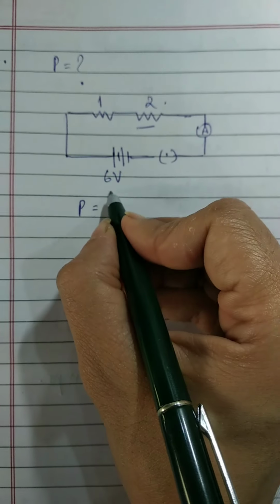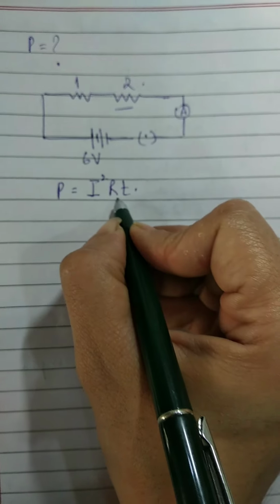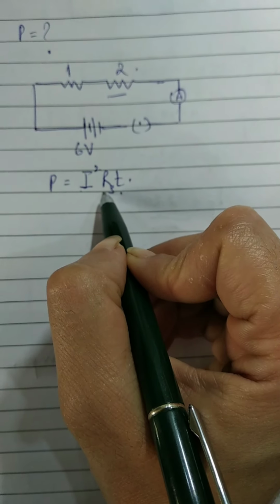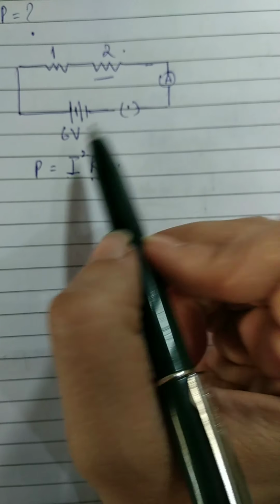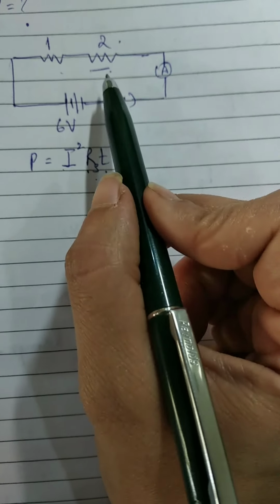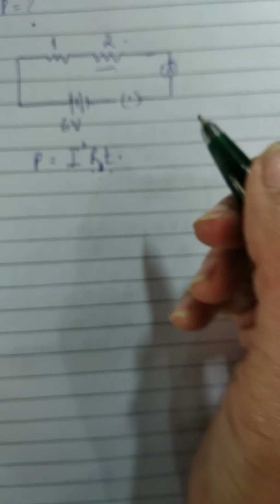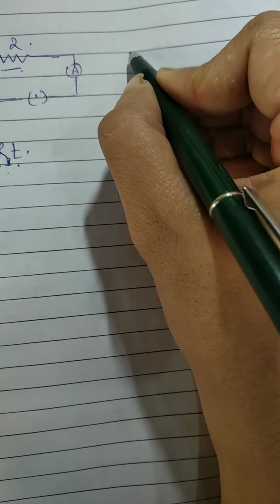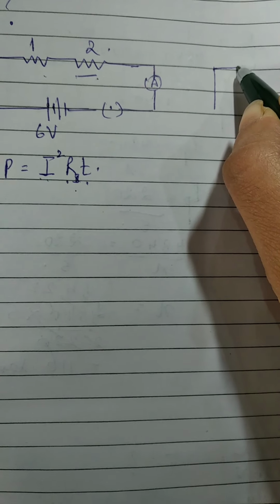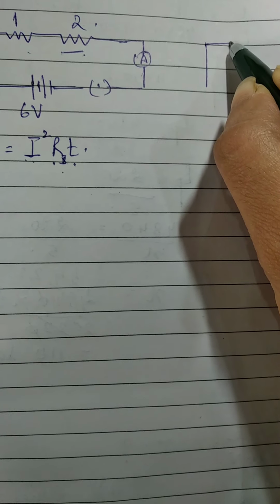For series, we'll make use of the formula I square R T. Since current remains constant through the resistances, we'll be considering RS over here. So for calculating RS, I need to calculate I. And the other one is that we have to calculate a 4 volt battery in parallel with 12 ohm and 2 ohm resistors.